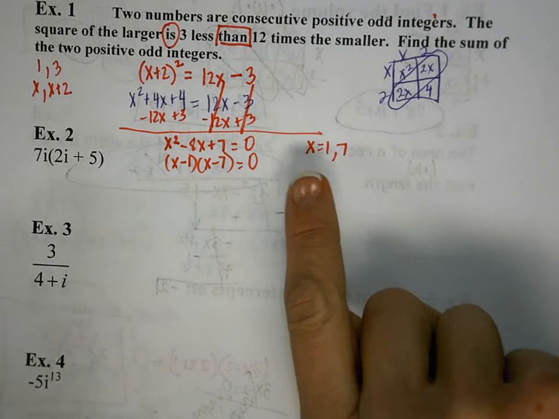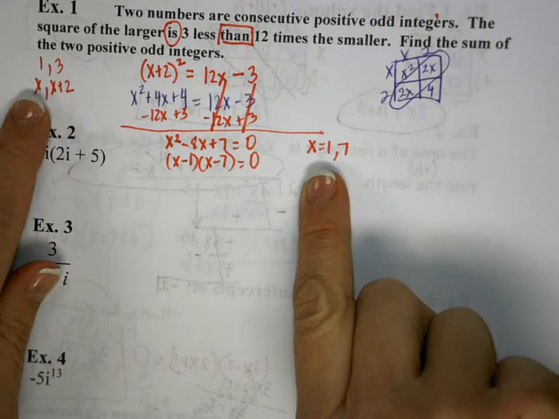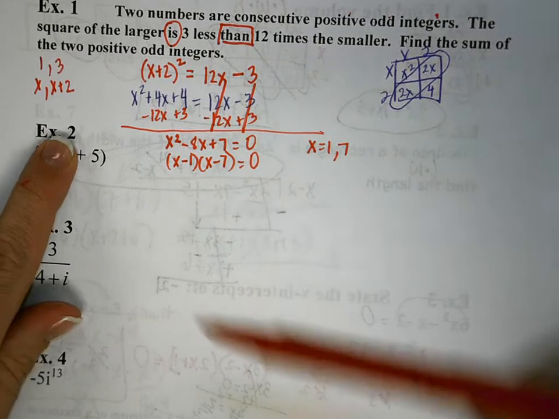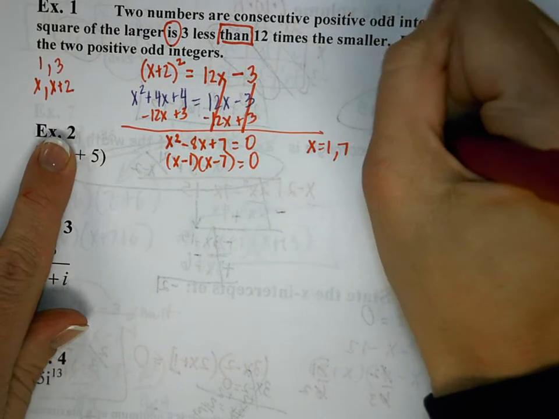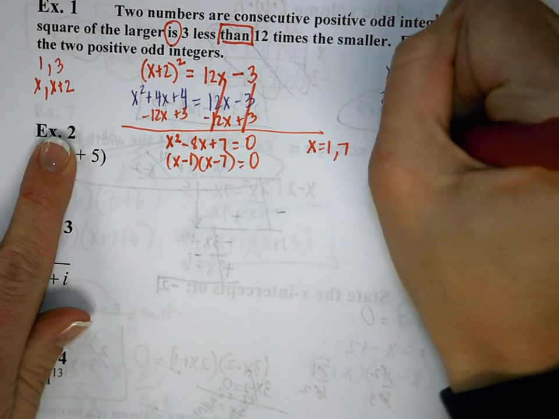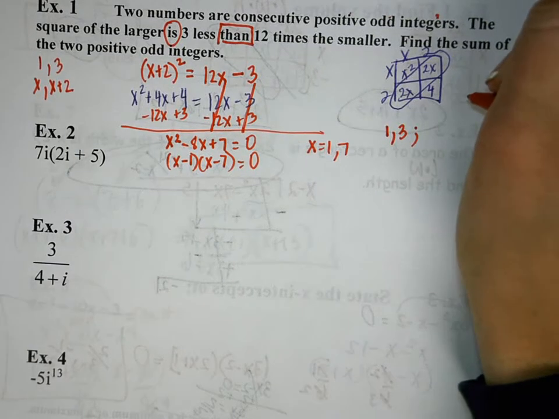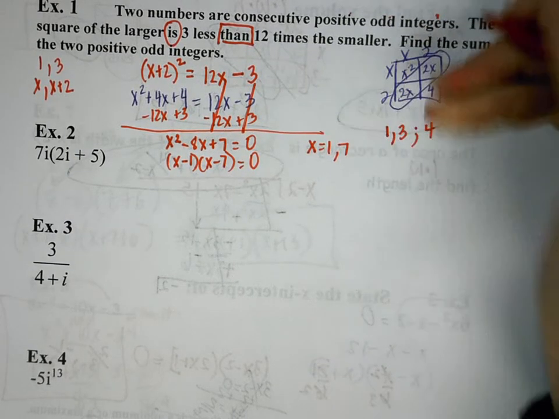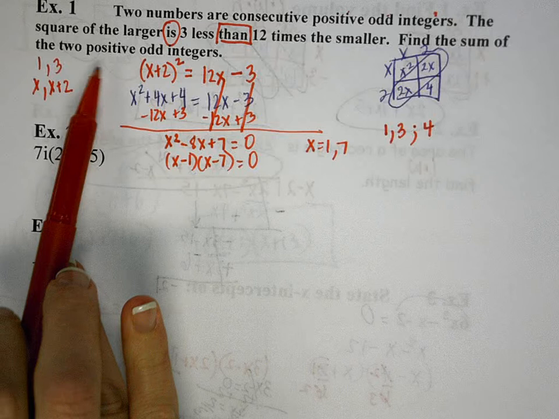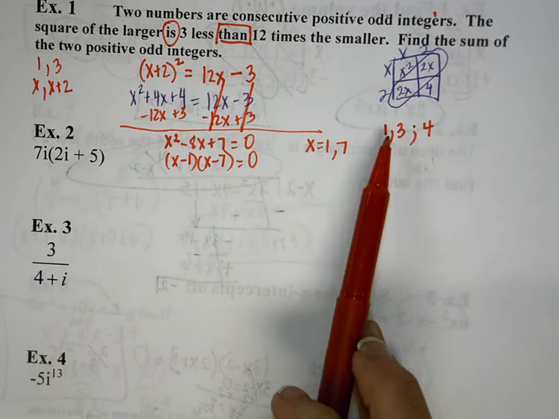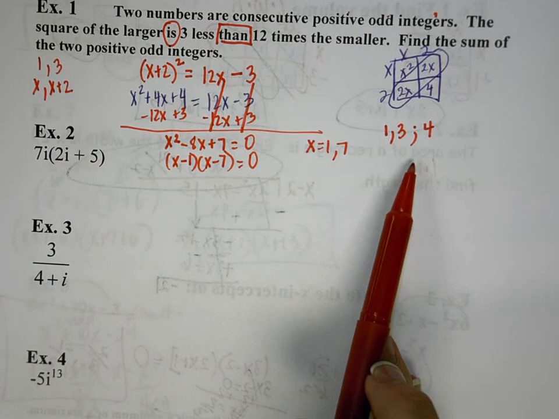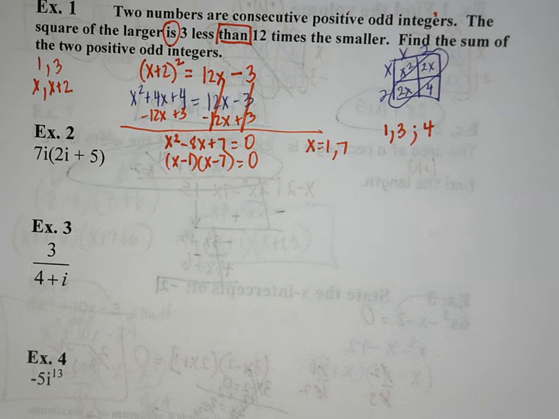Okay, so if we start with 1, if x was 1, what's our second number? 3. So one of our sets of numbers is 1 and 3, and if you take the sum of that, what is the sum of that number? 4. Because at the end it asked you to find the sum of the two positive odd integers. So 1 plus 3 makes 4. Okay, then we're going to have a second answer.